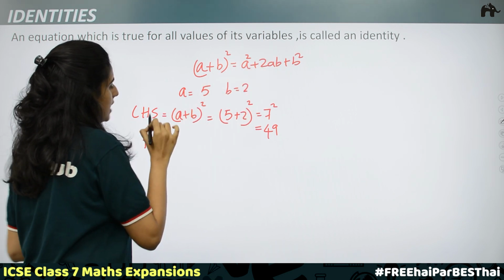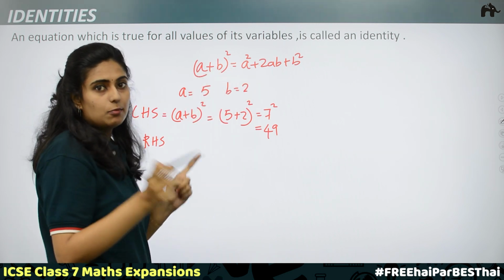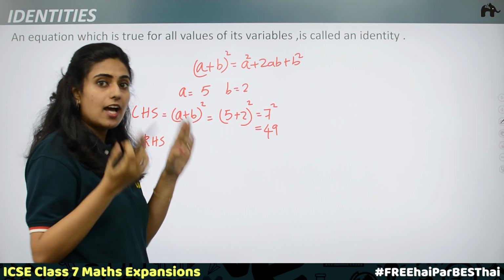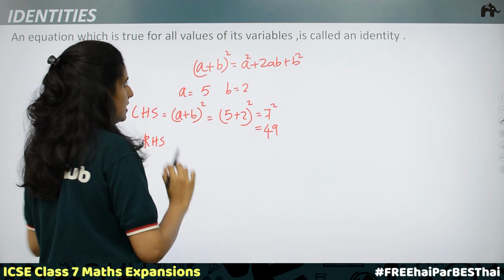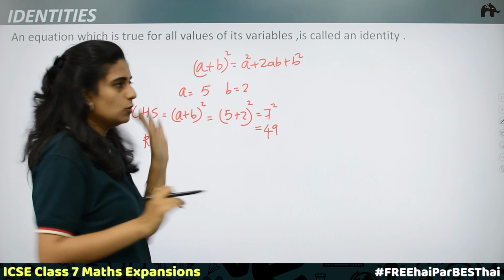Okay. What about the right hand side? Let's see if we are getting left hand side and right hand side equal. So, if you have an equal sign, it means there is an equality. Left hand side and RHS should be equal. Let's check this. Here the variables, we are taking A to be 5 and B to be equal to 2. Okay.